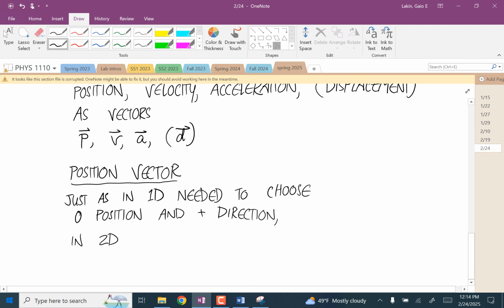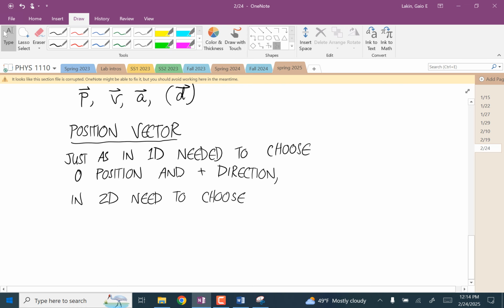In 2D, you need to choose an origin of the coordinate system and second, an orientation of the coordinate system.